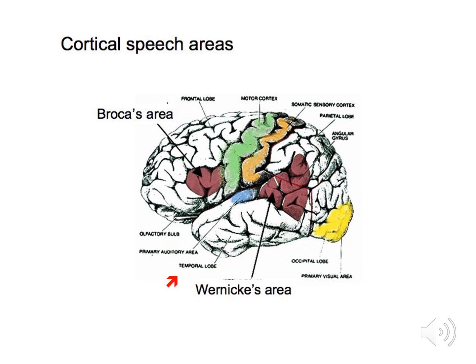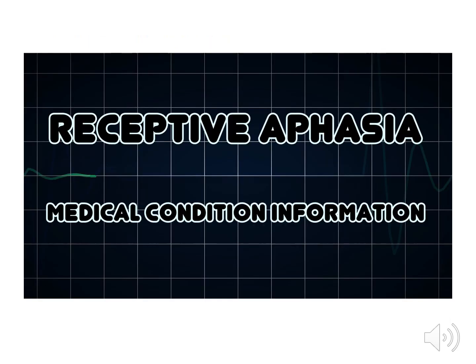And if you have damage to Wernicke's area, you develop what we call receptive aphasia, meaning now it's like you can't understand what people are saying to you. For the person with receptive aphasia, it's like all of a sudden everybody in the world is speaking a foreign language and you can't figure out what they're saying. Okay, usually it even affects being able to recognize written words as well.